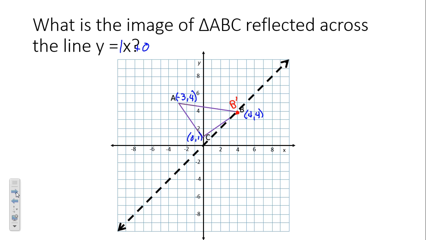Where do you think it will be when we reflect it across the line y equals x? 1, 0 looks good to me. We'll call that C prime. That's at 1, 0. So what do you think A prime will be? 4, negative 3. Makes sense. Let's try it.